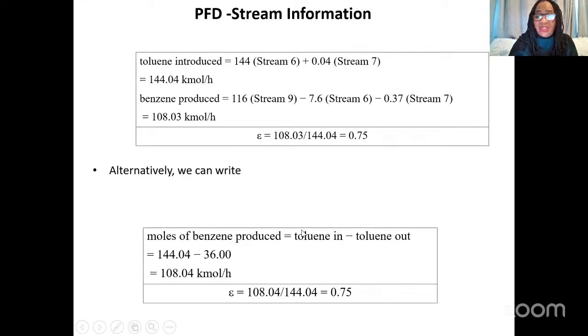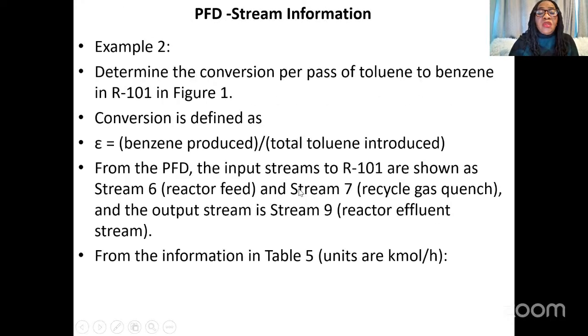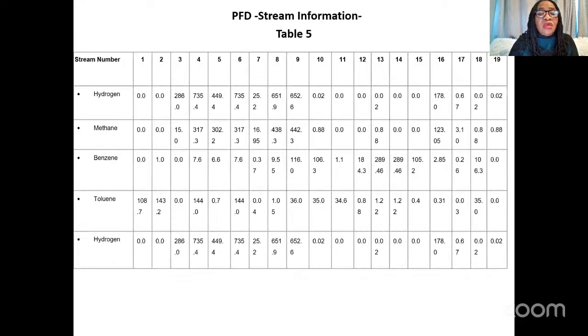Let's go back there and see that particular one. Toluene in and toluene out. So we still go back there. So toluene in here under stream 6, and it's 6 and 7 that are toluene in, yes.